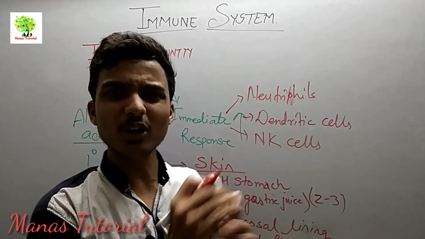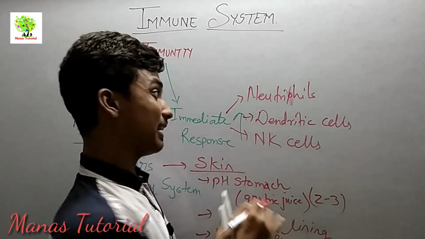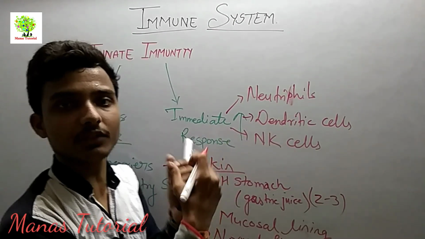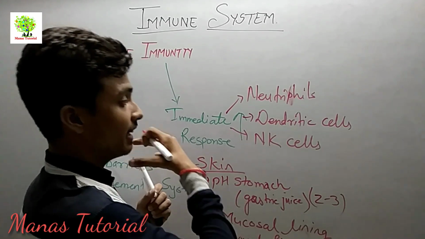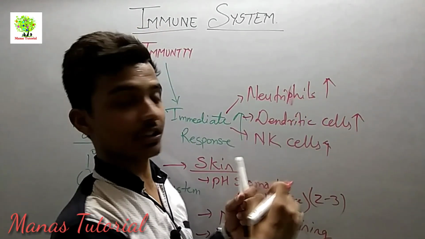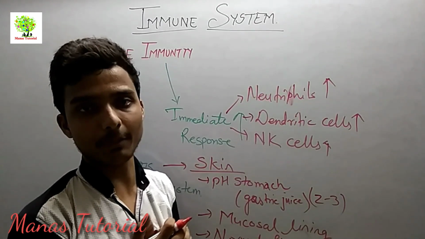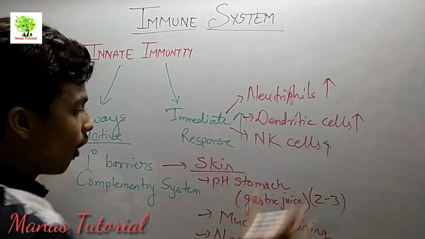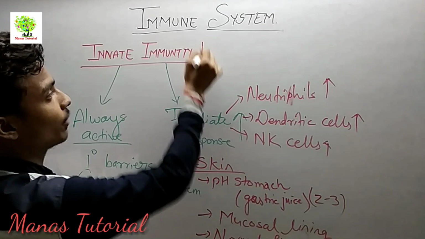Their concentration is very low, but as they encounter foreign particles, they proliferate and their number increases rapidly. So this is all about innate immunity.